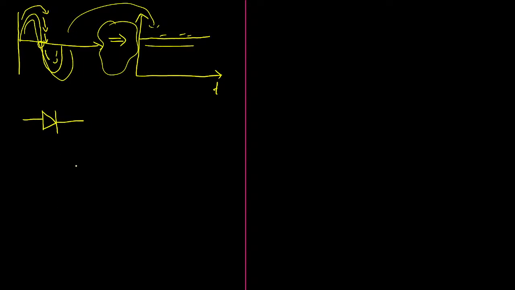So the moment I'm taking a DC supply and connecting it with a pure resistive load, I have an R load like in our home. Now I'm taking a diode and connecting it with an AC supply.